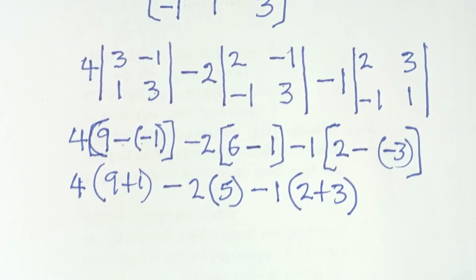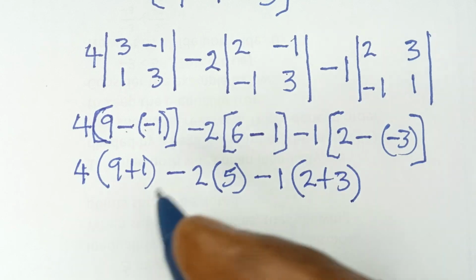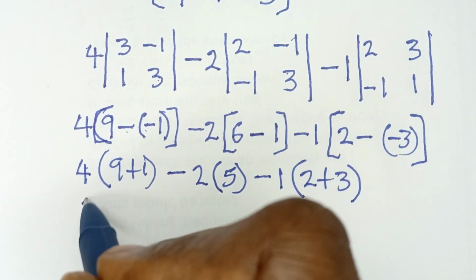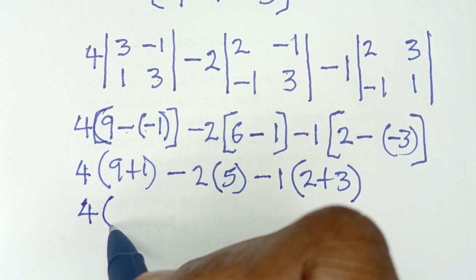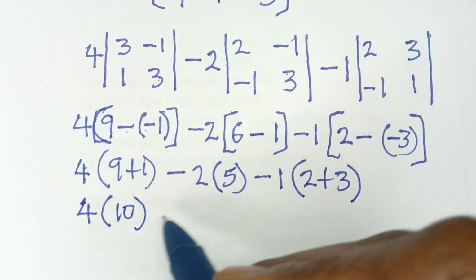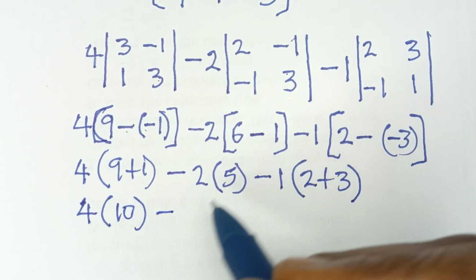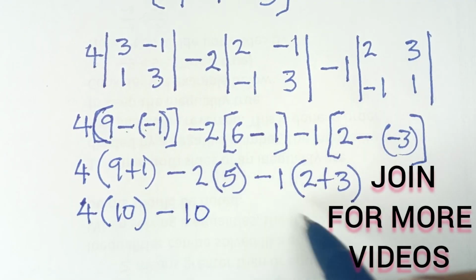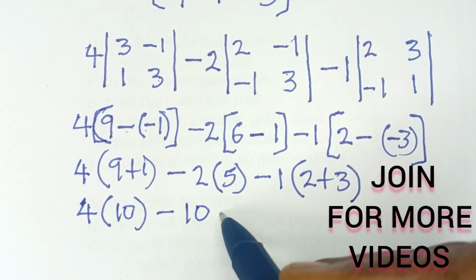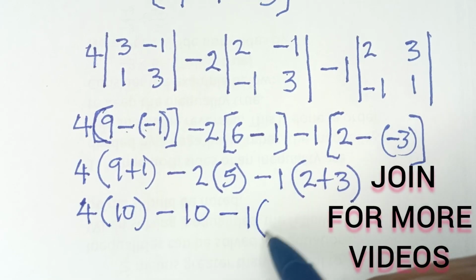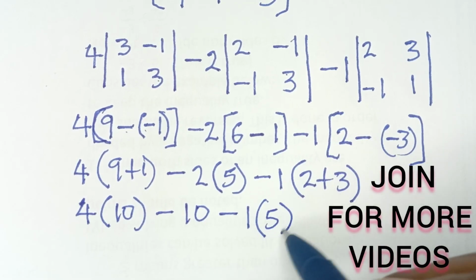And then the next step to carry out will be 4 multiplied by 10. Then minus 2 multiplied by 5 is 10. And then minus 1 multiplied by 5.